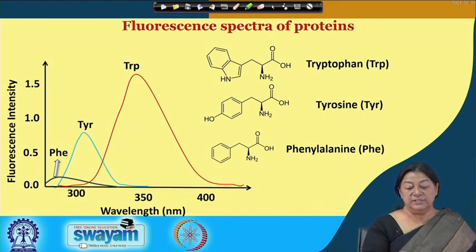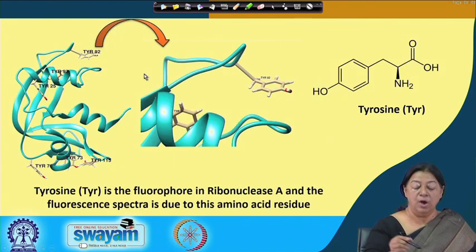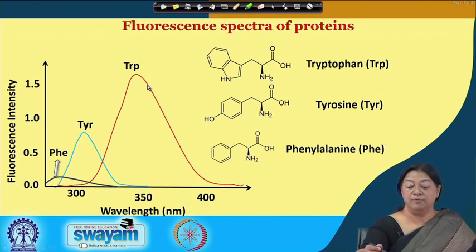So, if you look at the fluorescence spectra of proteins, you can see this is the phenylalanine fluorescence intensity, this is the tyrosine fluorescence intensity, and this is the tryptophan fluorescence intensity. The tryptophan fluorescence intensity reflects the high quantum yield of tryptophan, which means that a larger number of photons are emitted per photon absorbed compared to tyrosine and phenylalanine. In this region we see a fluorescence maximum, an intensity maximum from the tryptophan.